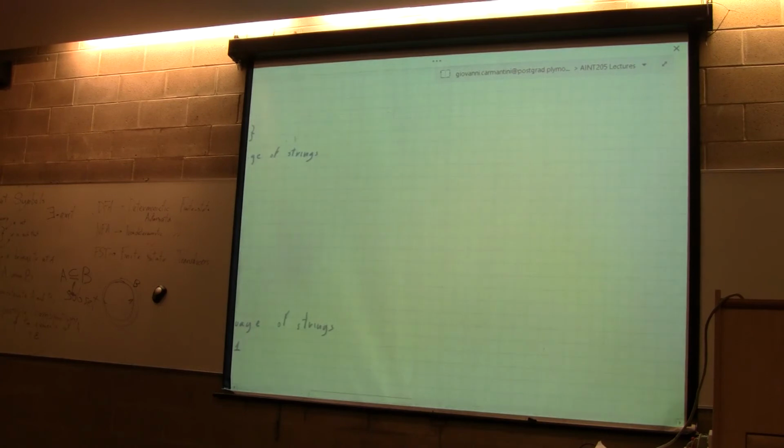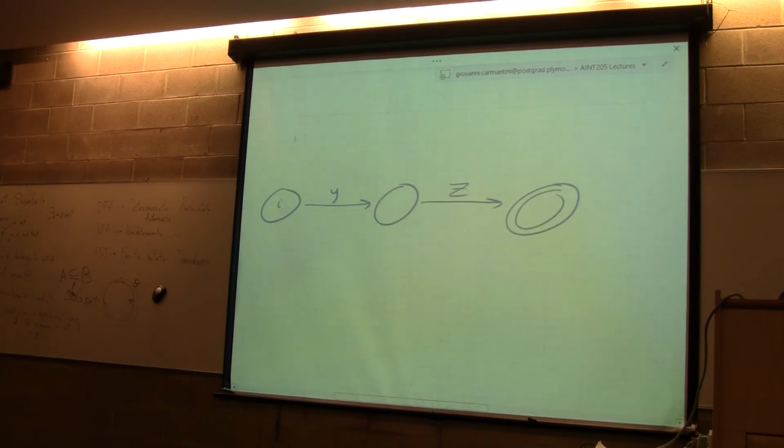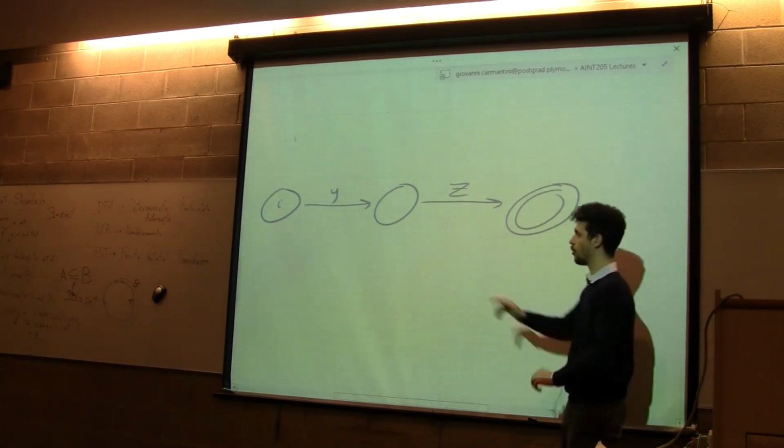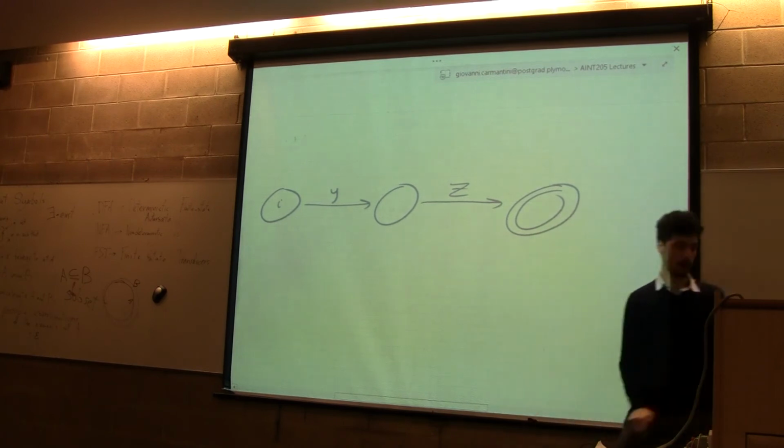So the alphabet is X, Y, Z. Your initial state, and you want to end in YZ, so Y and Z, and this is the accept state, so your word must end with YZ.